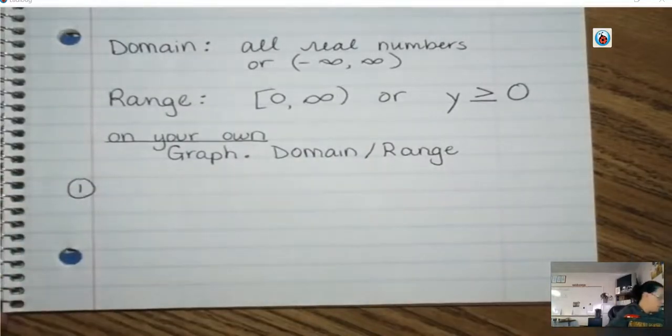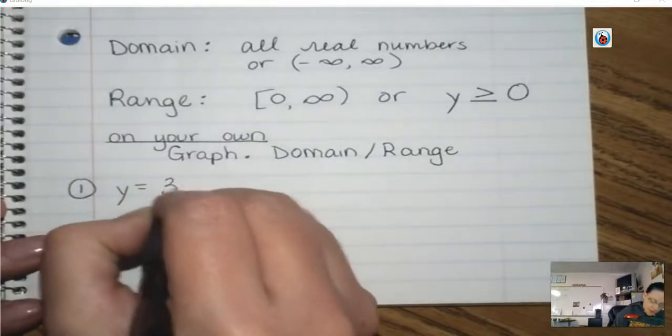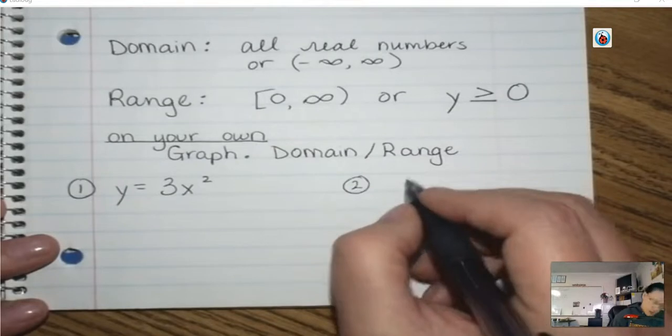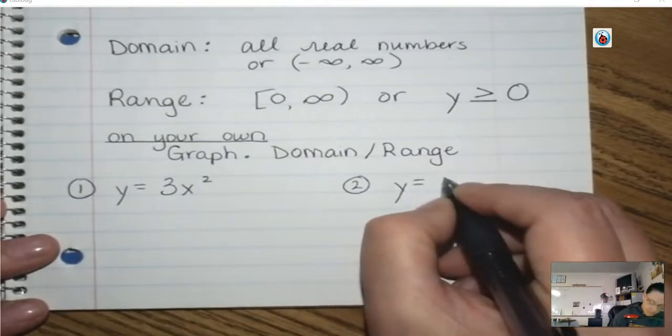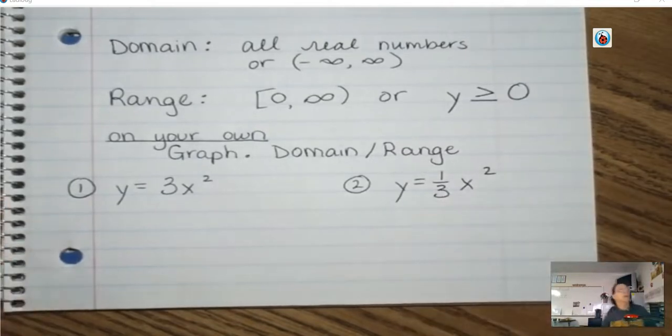Number 1 will be y equals 3x squared. And then when you're done with that, there'll be another one up here. Okay, go ahead and move around. You can work with people. I want to see the graph on paper, not on Desmos, and the domain and range.